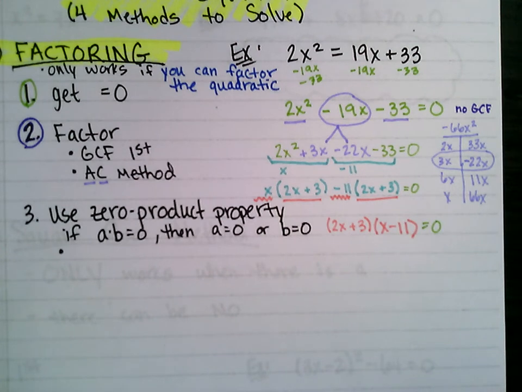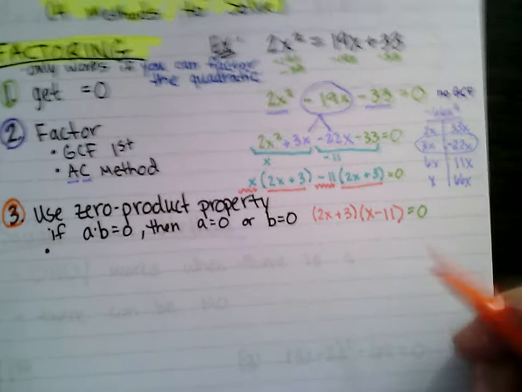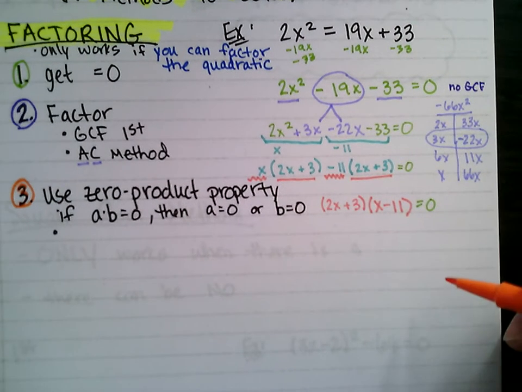Then the next thing is to use the zero product property. Zero product property says that if I have two things that multiply to equal 0, I set each part that contains a variable equal to 0.